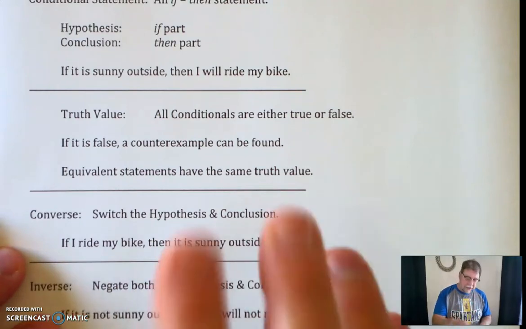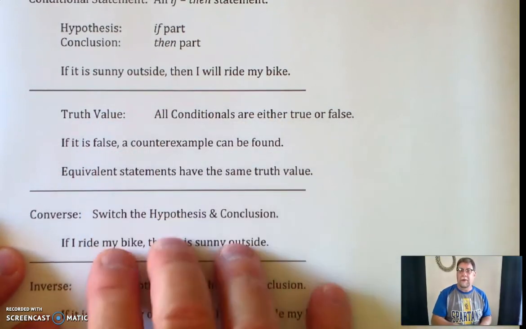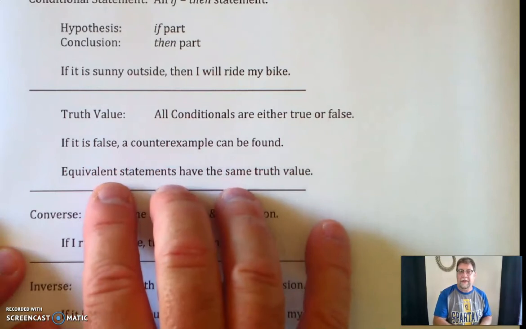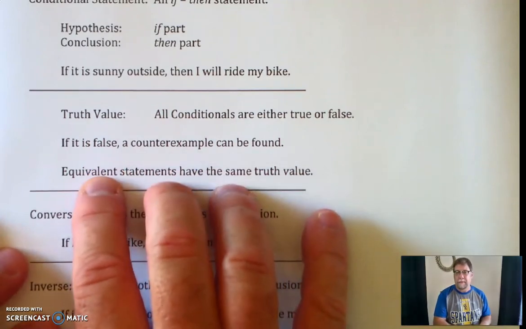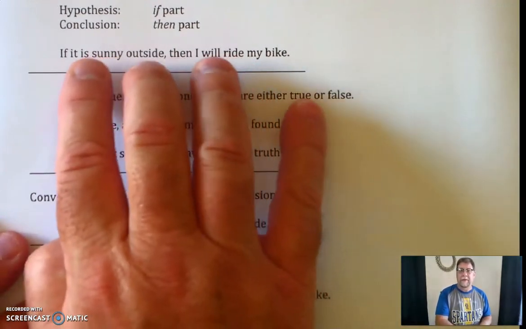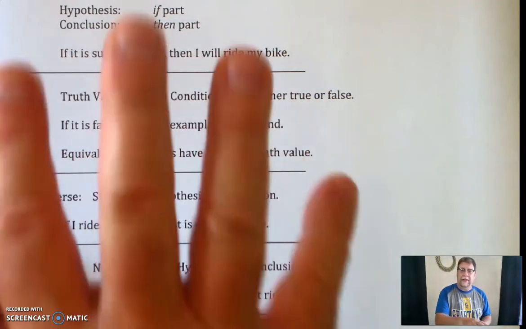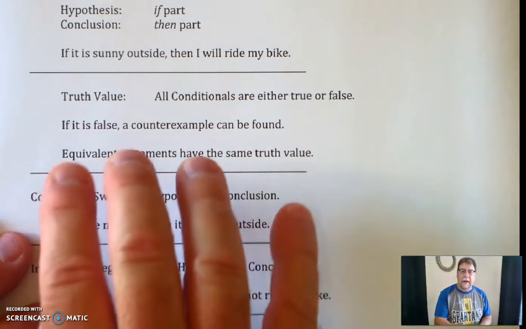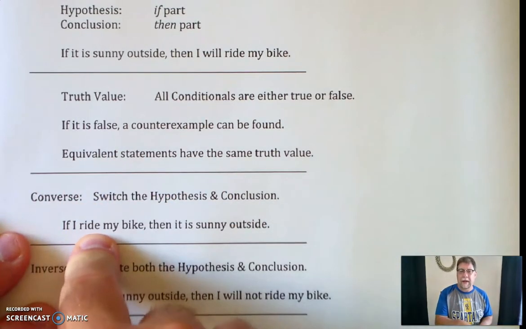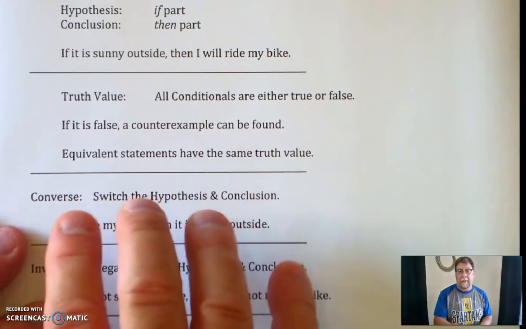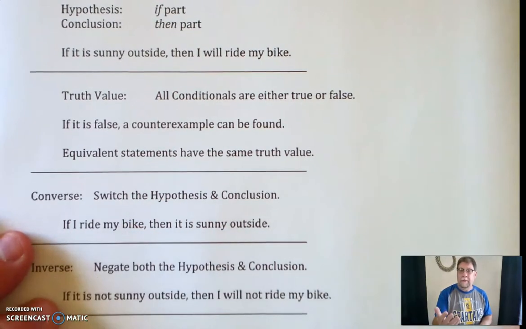These two statements are not equivalent because they will not have the same truth value. If it's sunny outside, then I'll ride my bike. We know this is going to be true. I look outside, it's sunny, and I'm going to go ride my bike. Here, just because I ride my bike doesn't mean it's sunny outside. Earlier I said if it was rainy, I still might ride my bike.